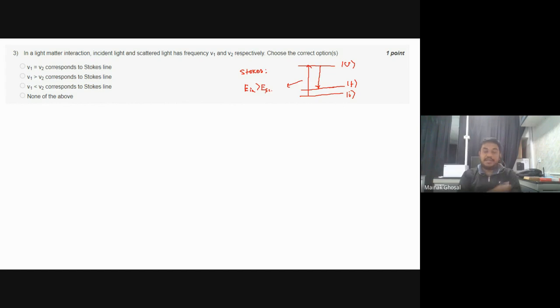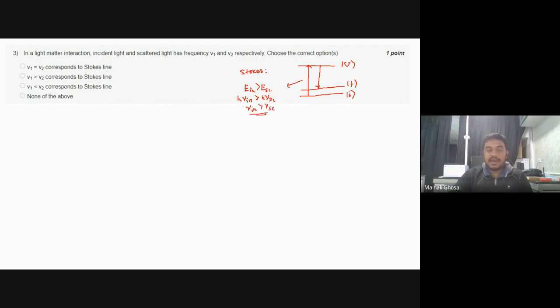The incident radiation has more energy than the scattered radiation. Writing E as h nu, this becomes h nu IN greater than h nu SC, and h cancels from both sides, so nu IN is greater than nu SC.